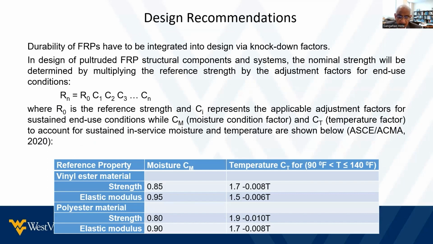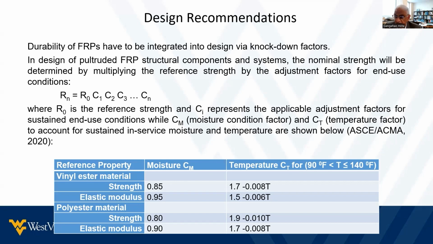Herein, understanding of durability of composite structural systems under varying environments is extremely important to reasonably predict service life and incorporate these degradation factors in design by reducing the reference strength, identified here as R sub 0, for a given composite material.